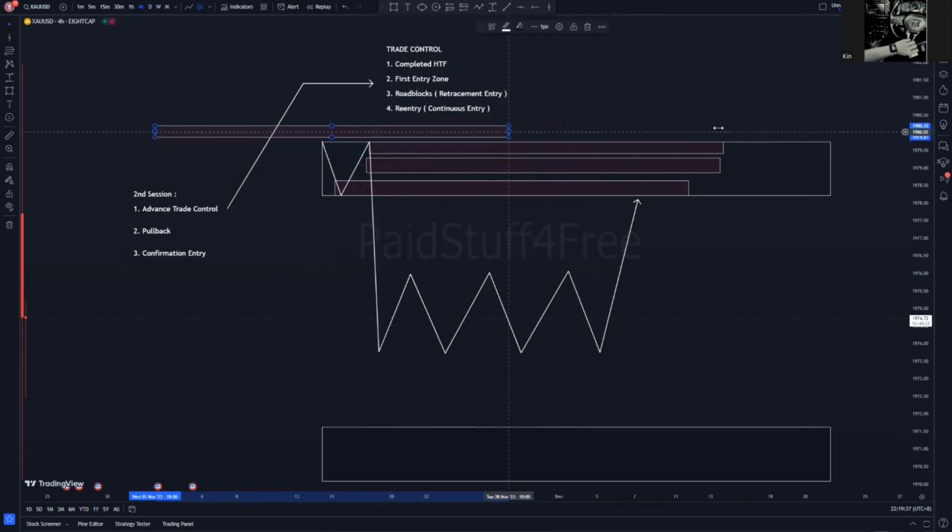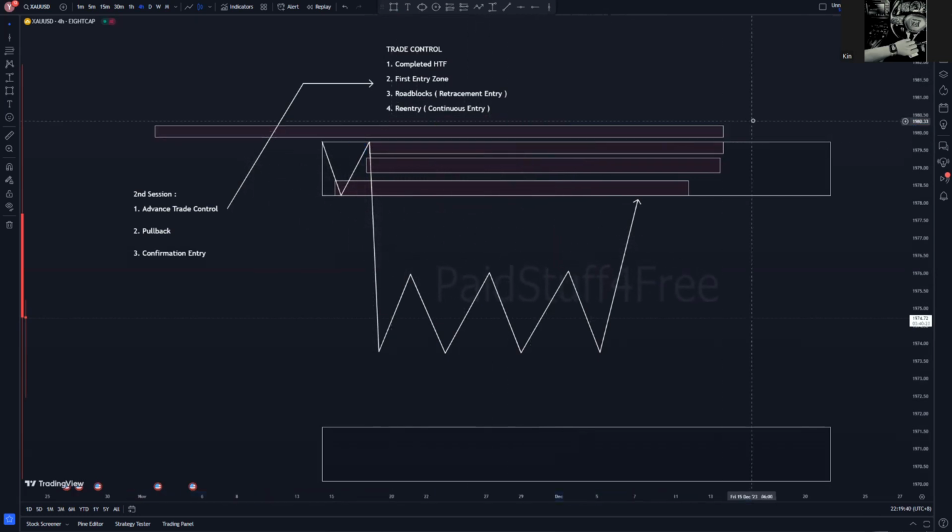So this last zone is gonna answer: can we mark the zone even though that zone is out of our setup? The answer is yes, because as I say to my students, we need to be flexible with the zones. Because at the end of the day, what we focus on is the current market price itself, right?